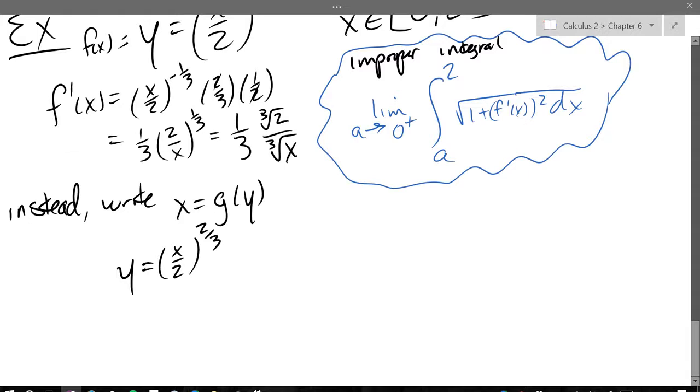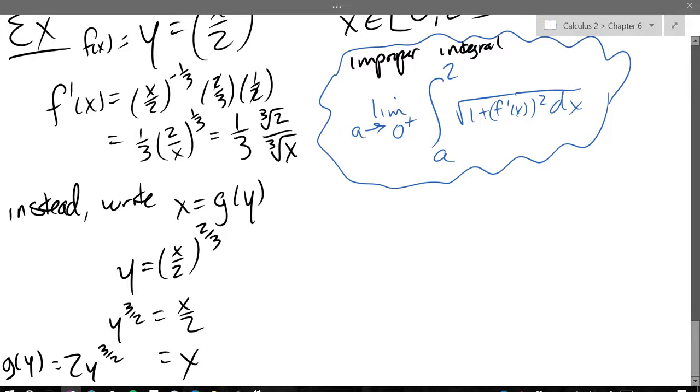So we need the 3/2 power, and multiply by 2. So we get x equals 2y to the 3/2 power. And this will be our f of y. No, g of y.